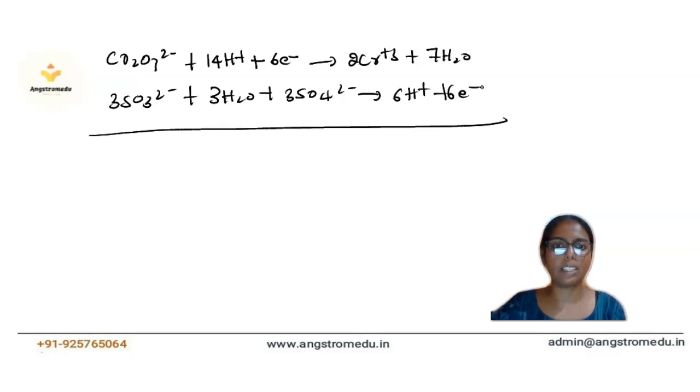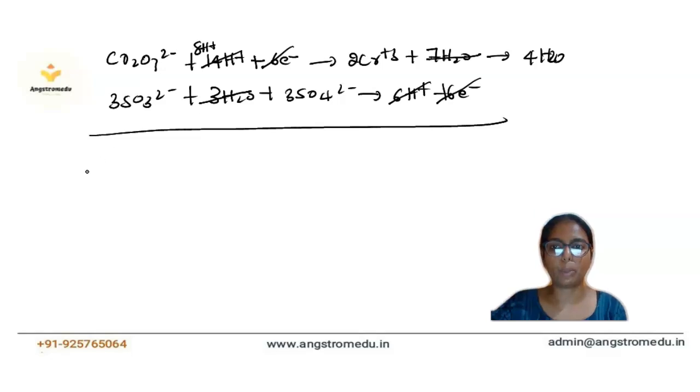After cancelling, the 6 electrons get cancelled, and here 3 water molecules are present, and there 7 water molecules are present. So 3 water molecules get cancelled, and the remainder is 4 H2O. And next here 6 hydrogens are present, and there 14 hydrogens are present. So the remainder is 8 hydrogen.